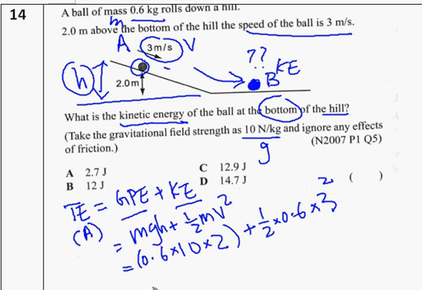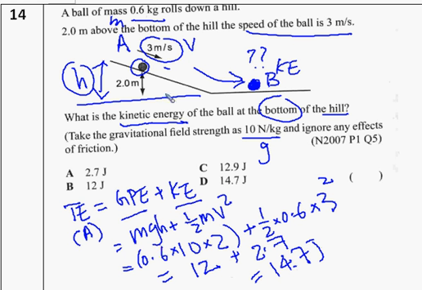So if I press my calculator, 0.6 times 10 times 2 gives me 12. Half times 0.6 times 9, since 3 squared is 9, I get 2.7. If I add these two values together, I get 14.7 joule. So this is my total energy at position A.